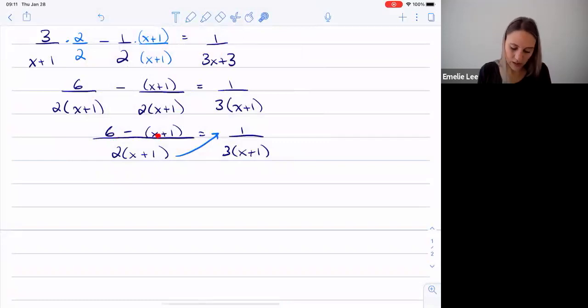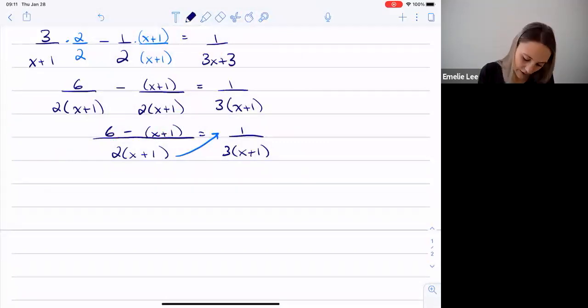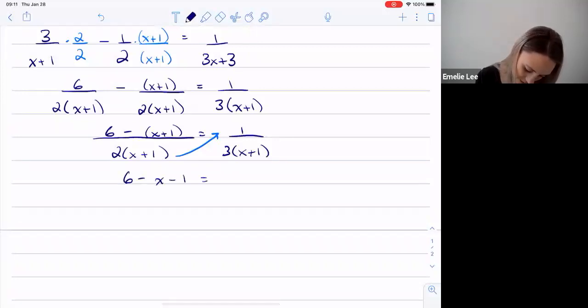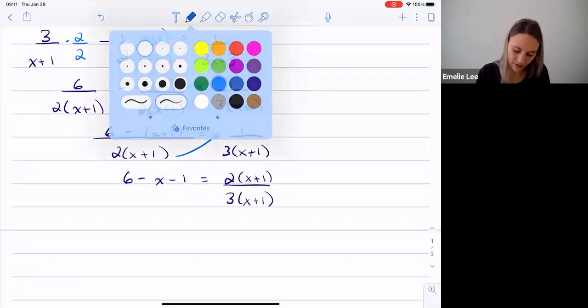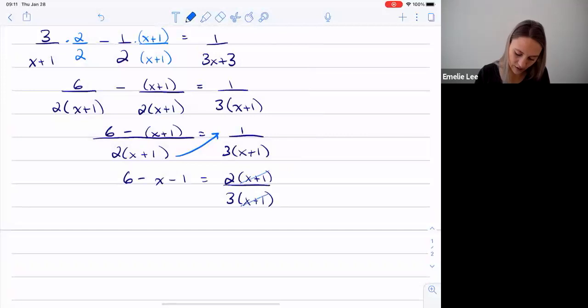What I'm also going to do is expand the numerator here. So I get 6 minus x minus 1 is equal to 2 times x plus 1 over 3 times x plus 1. These two are going to cancel, right?